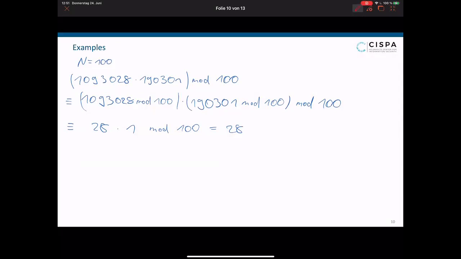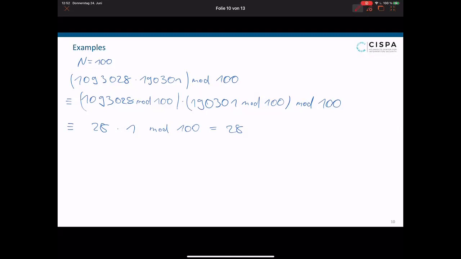A modulo operation can be as expensive as a multiplication, but since we're here reducing modulo 100, whenever you're reducing modulo, let's say in base 10, modulo a power of 10, that is super easy. You just drop positions. And the same is true, of course, when you have a base 2 representation and reduce modulo 2 to the n.